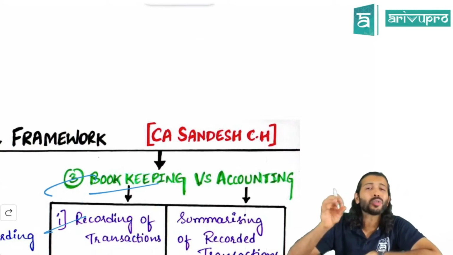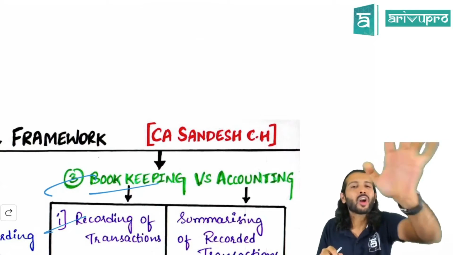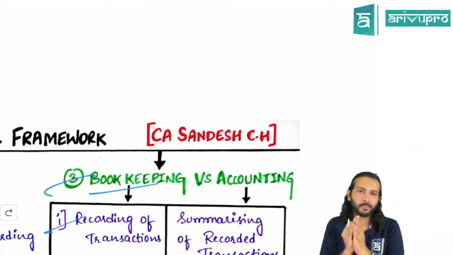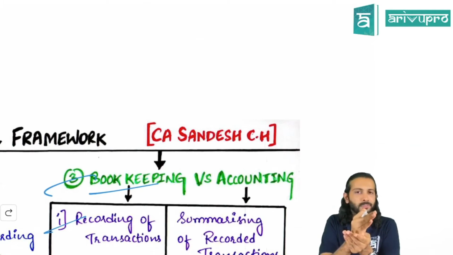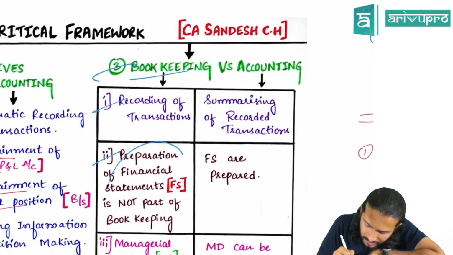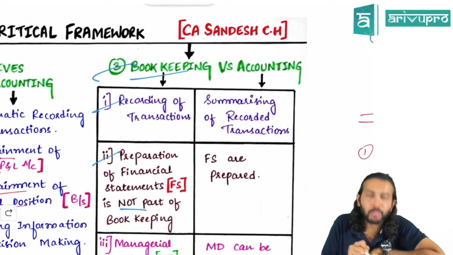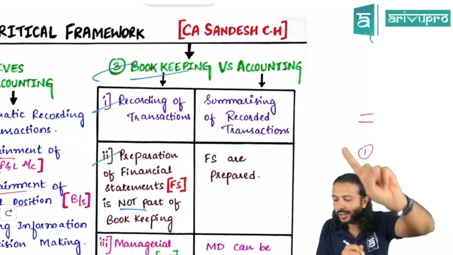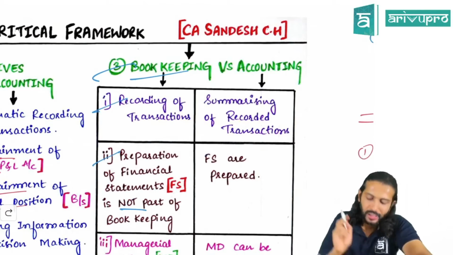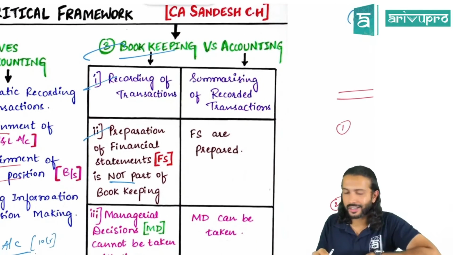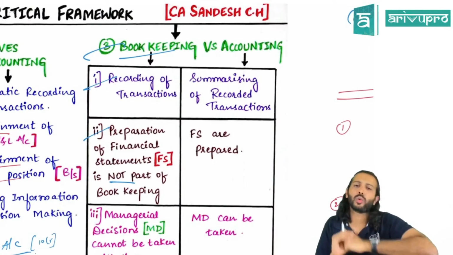No. Bookkeeping is only what? Bookkeeping is recording. Just recording. Bookkeeping deals only with recording. So the preparation of financial statements is not part of bookkeeping, whereas under accounting, you also need to prepare financial statements. That is the second difference between bookkeeping and accounting.